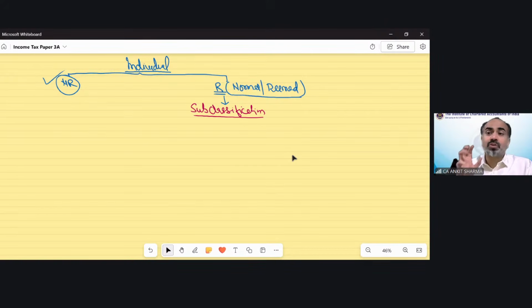It is to sort out those students who are sincere. Suppose two students, one only completed the resident and non-resident concept and one who has gone through the complete subclassification also, and the institute did not ask subclassification in the examination. What will happen? They both will get the same marks.